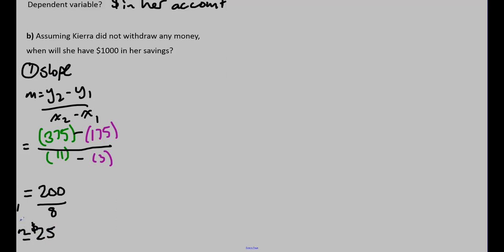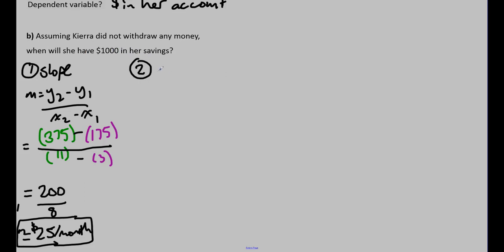So the slope. And if we ask the question, what does this mean? It means Kira's putting $25 in her account per month, because it says in the question that at the end of every month, she puts in a consistent amount of savings. So she's putting in $25 a month. She's not spending it. And I still need to come up with an equation though.